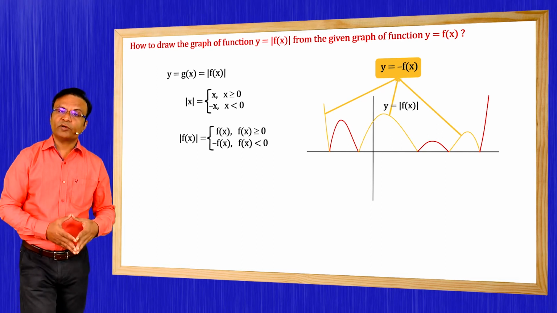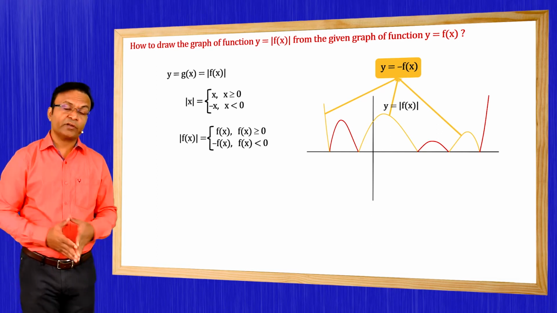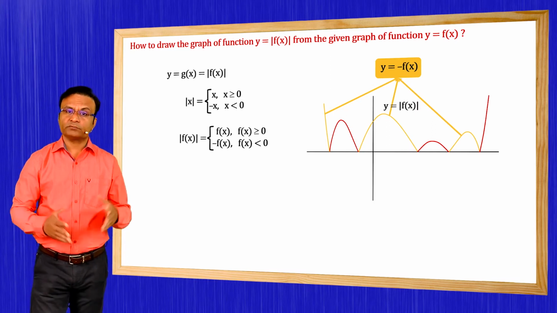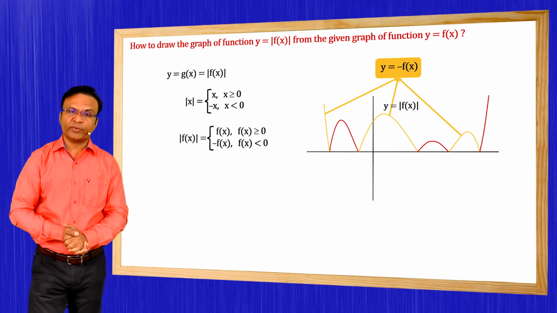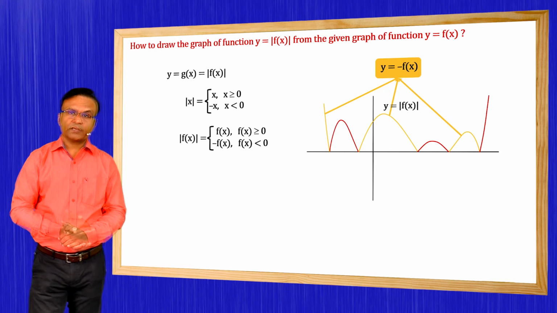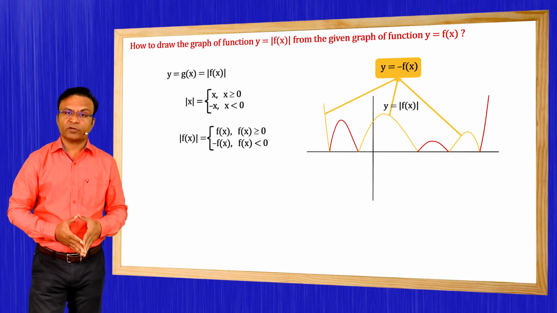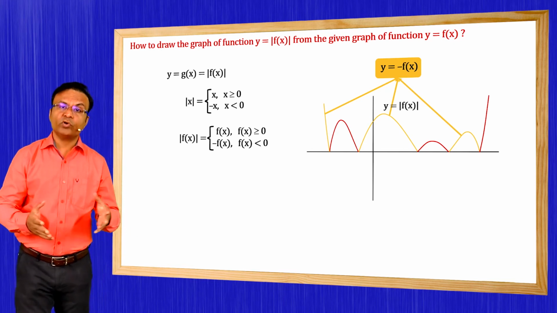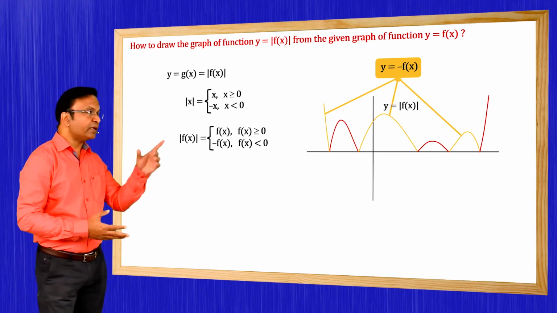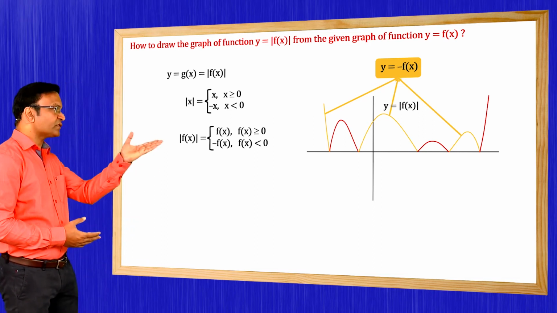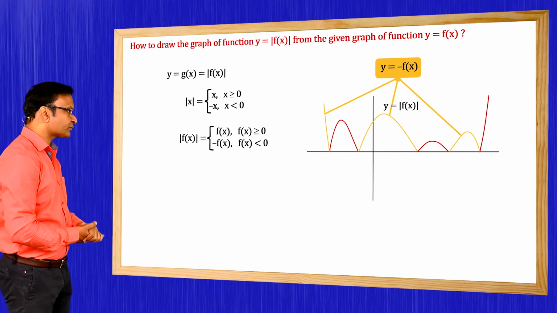We know that modulus of fx is greater than or equal to 0 for any value of x in the domain. That means the graph of this function always lies above x-axis. And here we can see that the graph is lying above x-axis.